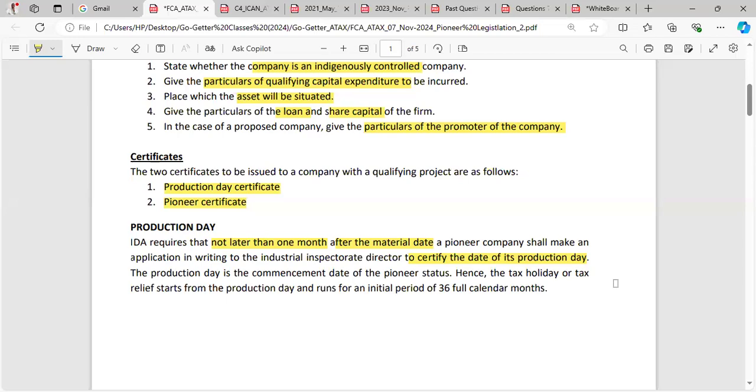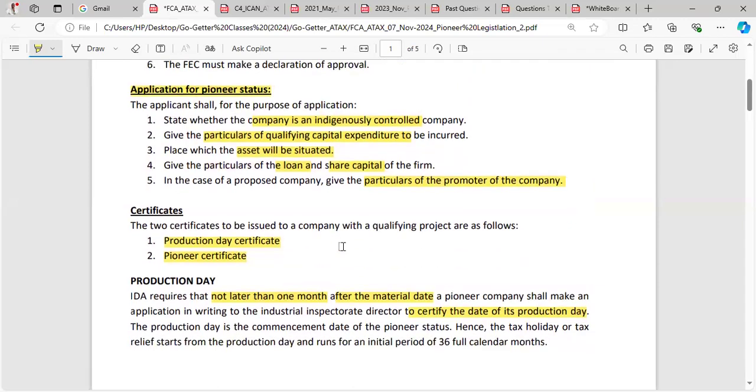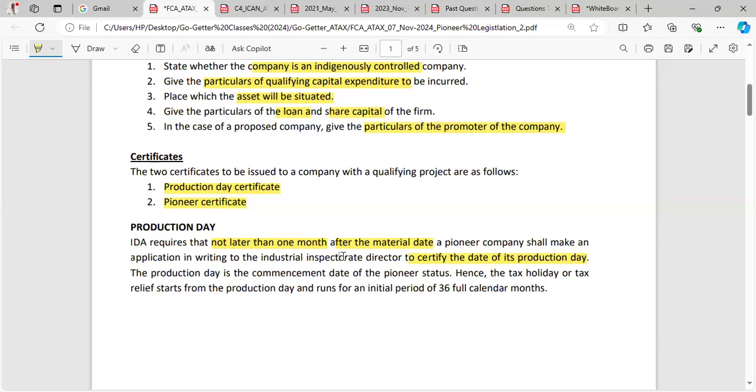So we need to know what is material date. Material date is the date in which you begin commercial production. That date you give as your proposed date for your commencement of commercial production is your material date.